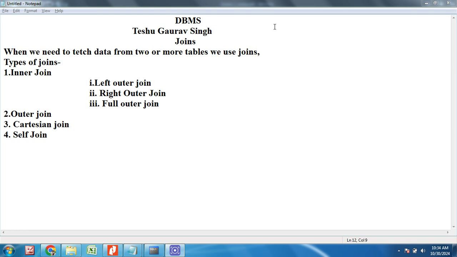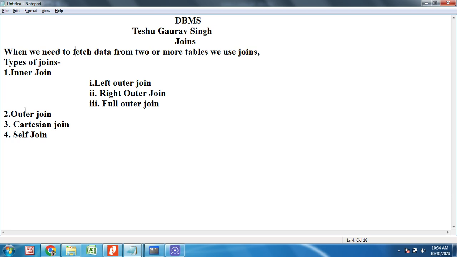Okay, so what is basically a join? When we need to fetch data from one or more tables, then we call it joins. Basically, there are only two types of joins, inner join and outer join.